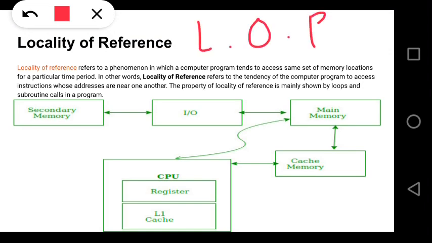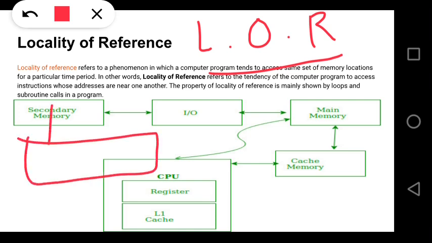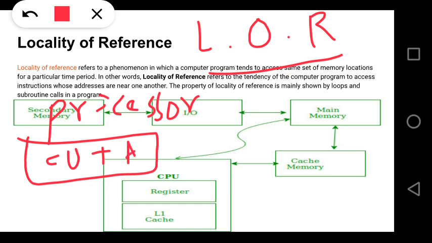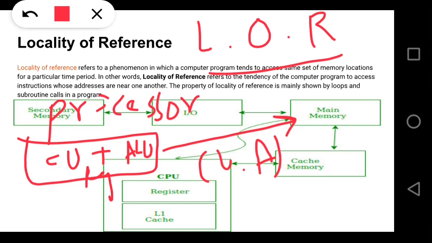In general, when your processor, which is a combination of CU and ALU plus some registers, issues an address, that you may call a virtual address in case of virtual memory, this has to be mapped to physical memory.